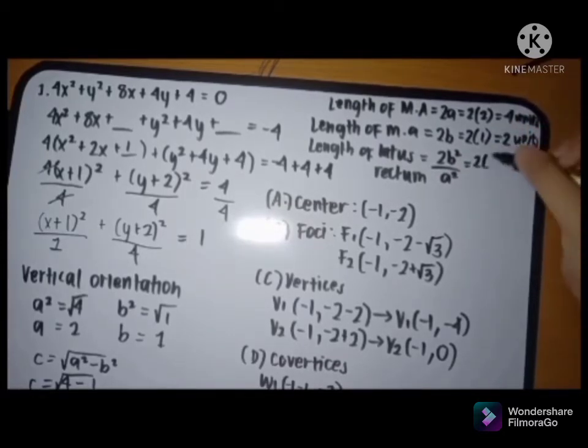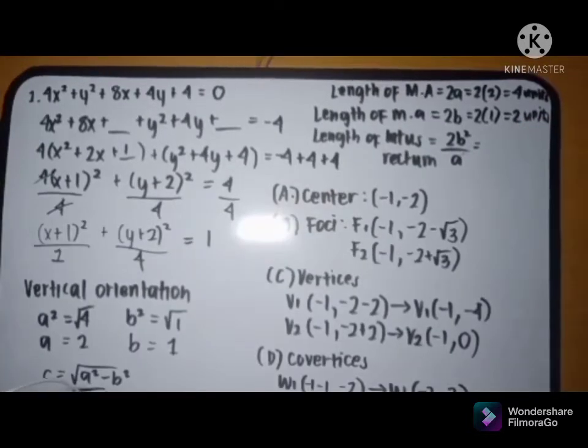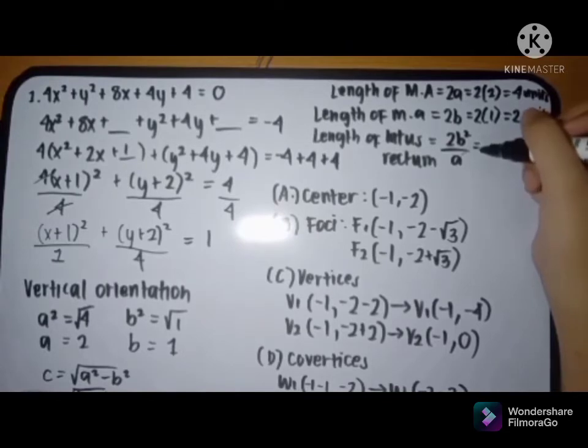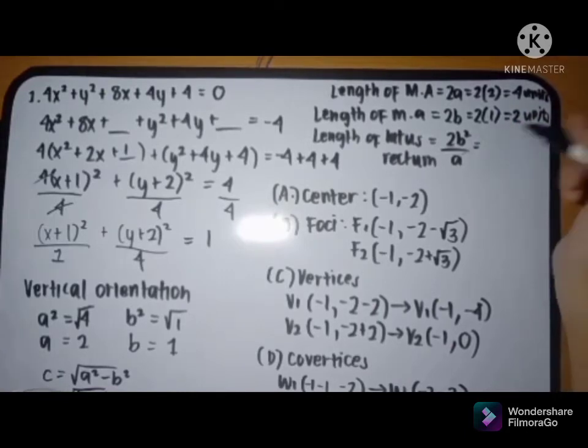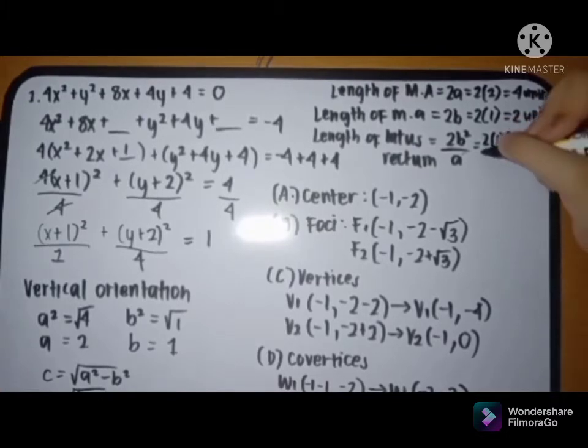So I made a mistake. The formula to be used to find the length of latus rectum is 2b squared over a, and not 2b squared over a squared. Now we're going to substitute it. 2 times 1 squared, 1 is the value of b, and for a, it is 2. So 1 squared, that is 1, times 2, 2 over 2, that is 1. So 1 unit.